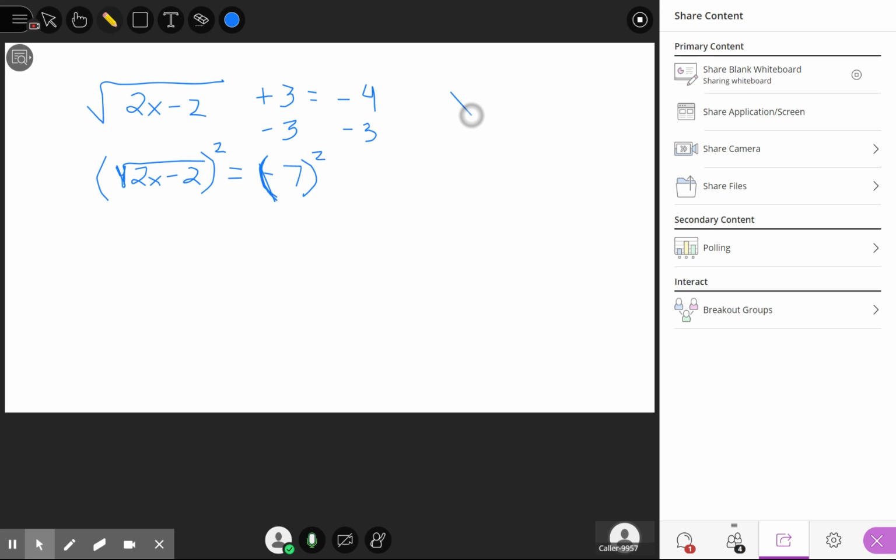So what we need to do is just remember at the end of our problem to check your answer back in the original, if you are squaring both sides or raising both sides to an even power.